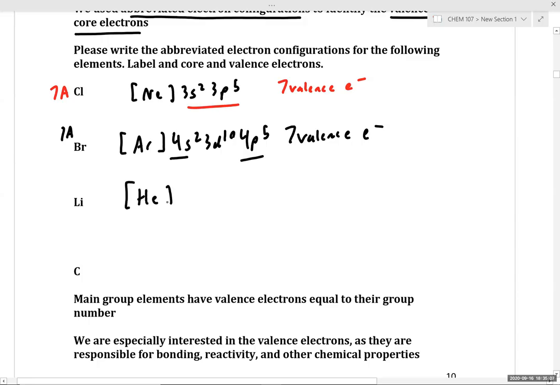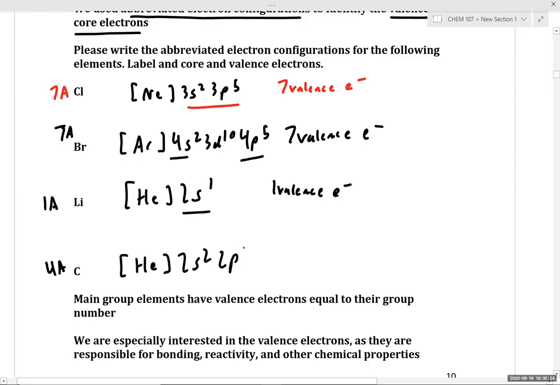Lithium has the configuration of helium 2s1, and as a 1A element, we have 1 valence electron. Carbon, which is a 4A element, has a configuration of helium 2s2, 2p2, and in turn, we have 4 valence electrons.